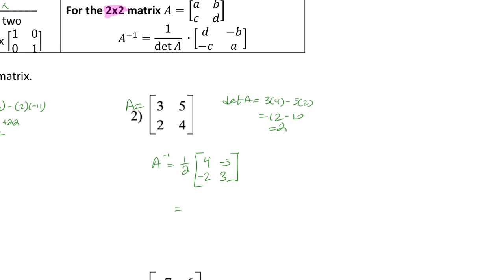Then I'm going to multiply: 4 over 2, -5 over 2, -2 over 2, 3 over 2. So this equals 2, -5/2, -1, and 3/2.